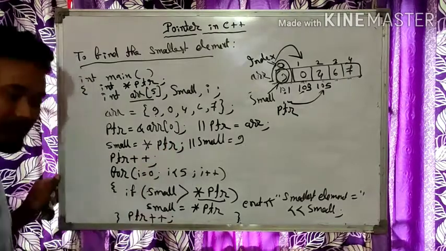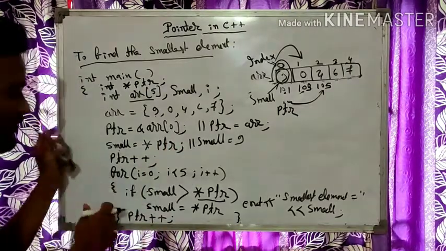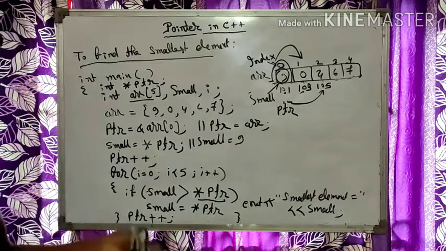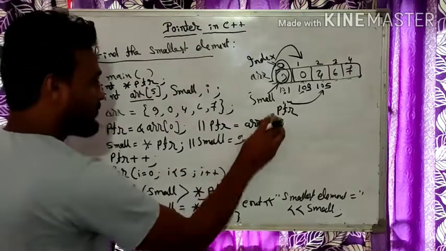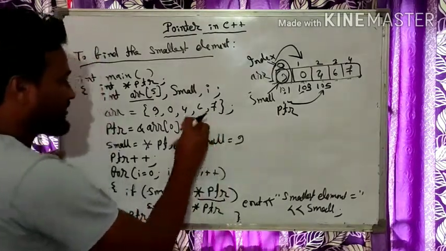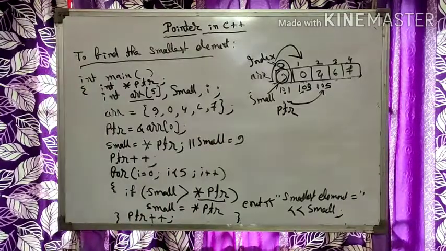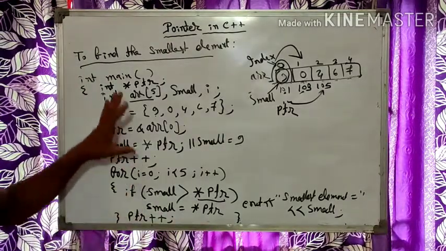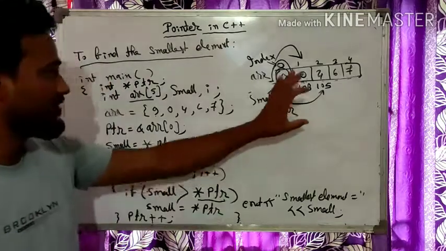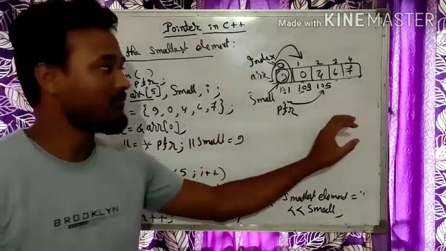In that way also we can do, and this way also we can do. Whichever method is compatible to you, you can use. So this is the program I wanted to discuss with you all, and the main purpose of this program is to find the smallest element from this array.